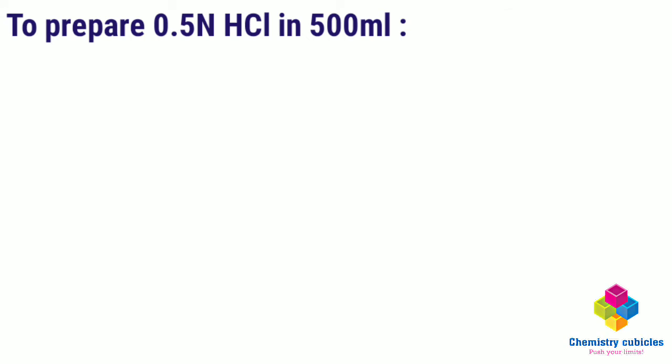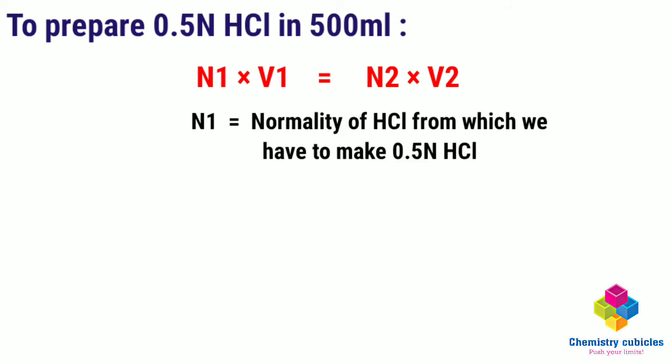Here N1 is the normality of the HCl from which we have to make 0.5 normal HCl, so N1 will be 11.3.